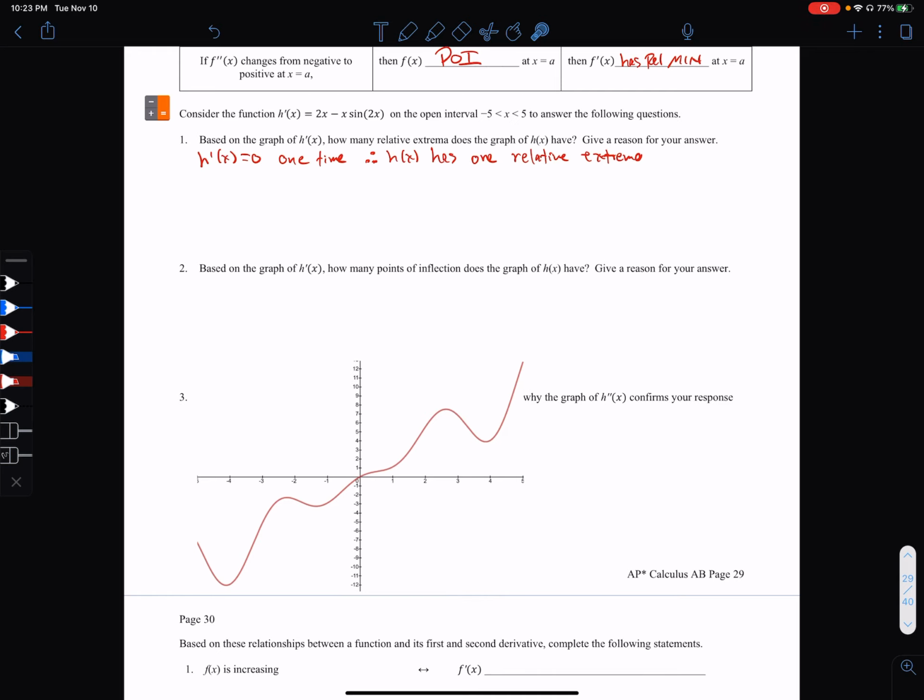Well, that is determined by the relative extrema of h prime. Remember, this is h prime down here. This has a relative extreme value here, 1, 2, 3, 4, 5. Something weird's happening here, but there's no extreme values.